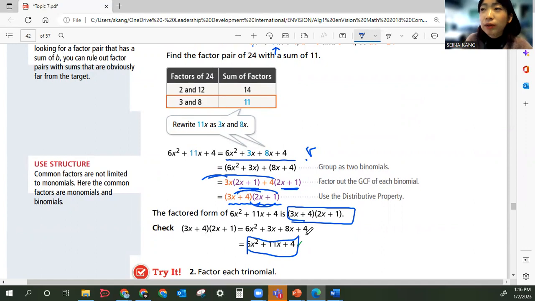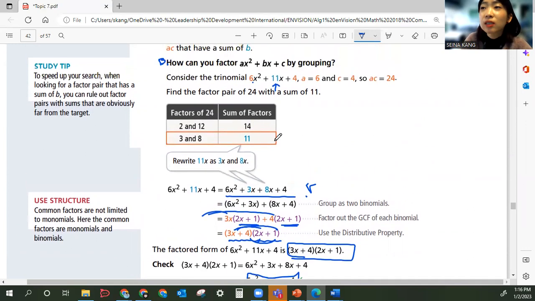All right, so first, think about the factors of the product of your first and last coefficient. And then you're going to find the sum of those factors that make the middle coefficient. And then you're going to write that into a polynomial with 4 terms where you have 2 middle terms.